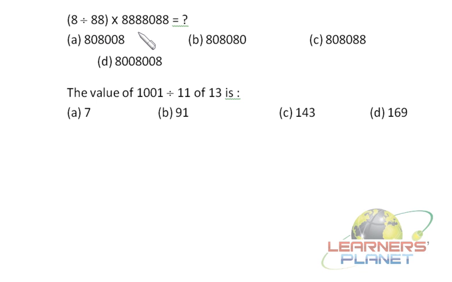That means it is 1 by 11. So in all we have to divide 8888088 by 11. Okay, let's do it over here. So 11 8s are 88. Then further we have 0. Then 11 8s are 88. Then 0. Then 0. Then 11 8s are 88. So 808008 will be the correct answer.